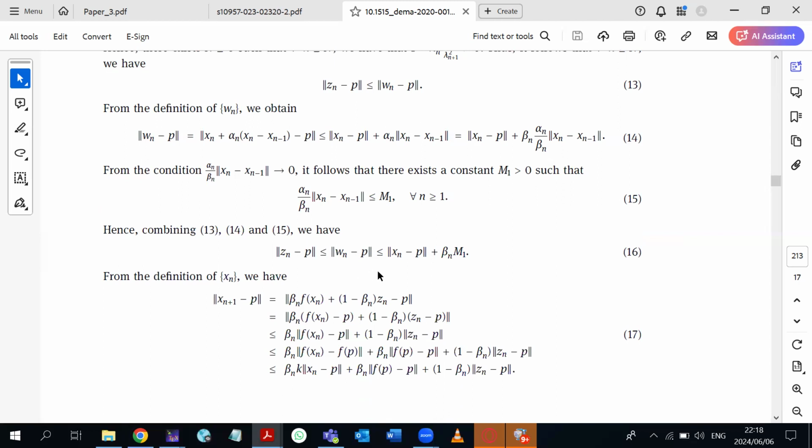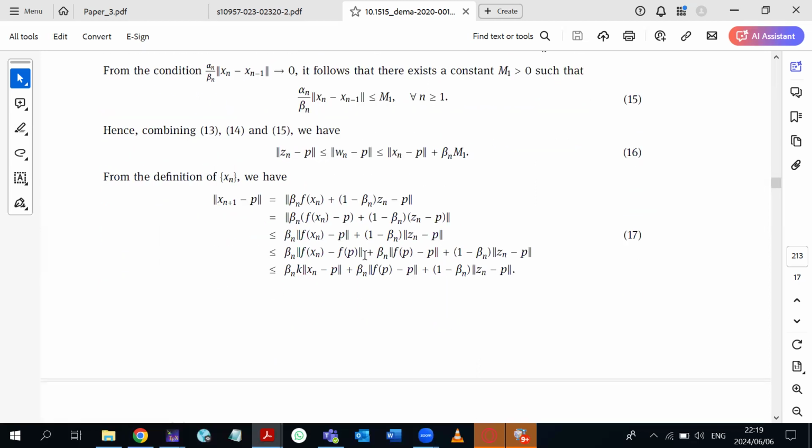And this is where the viscosity method comes in. Xn plus 1, that expansion of Xn plus 1, that's the viscosity. So the 2 articles are looking at algorithm 1.1, 1.2. If you search those algorithms and check where they worked on Xn plus 1 minus P, you might find it directly.